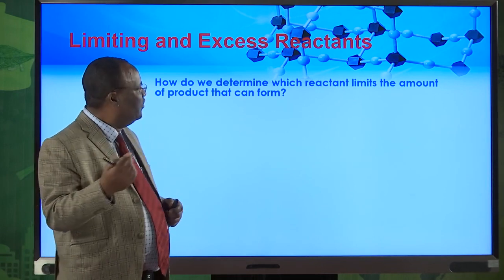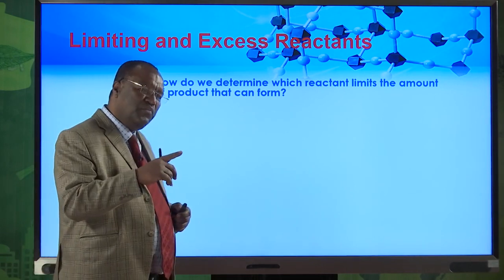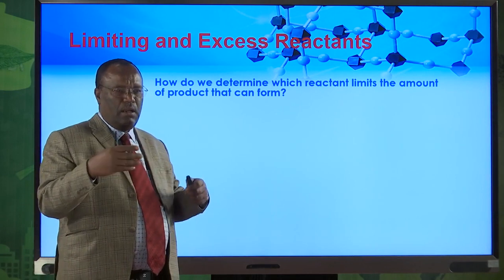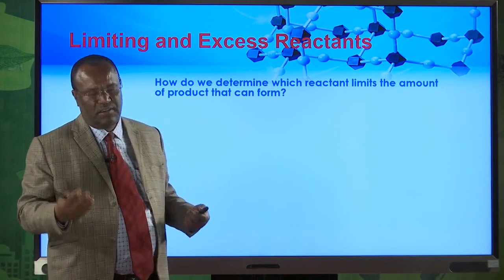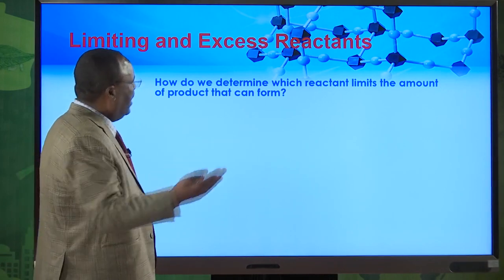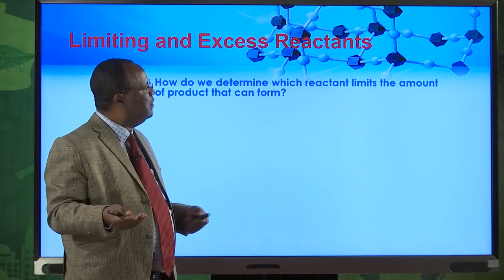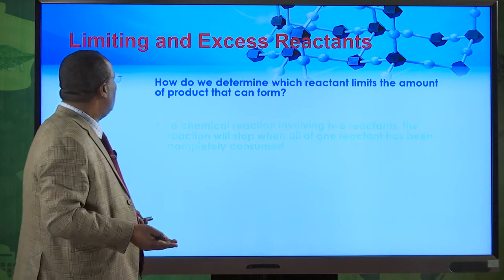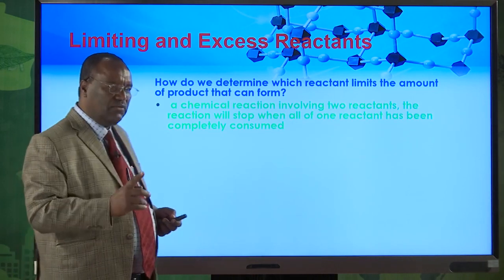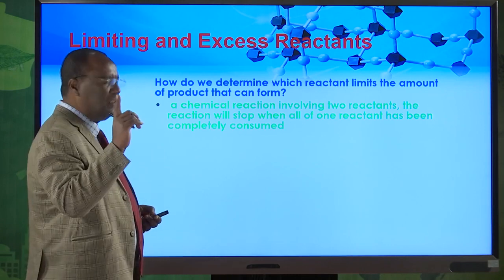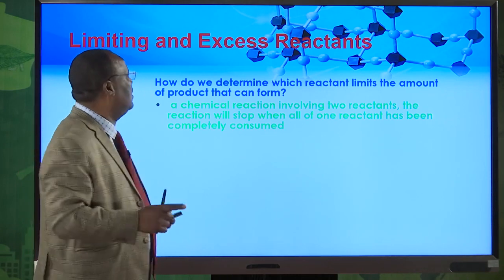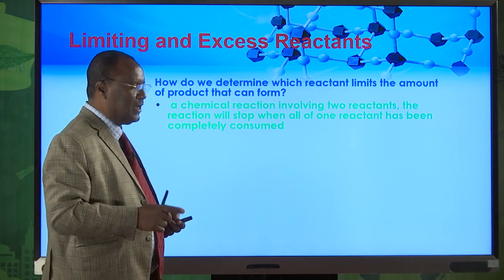In a chemical reaction, there are 2 or more reactants that may give other kinds of compounds or substances as products. So which reactant from the given chemical equation is used to determine the amount of products that can form?